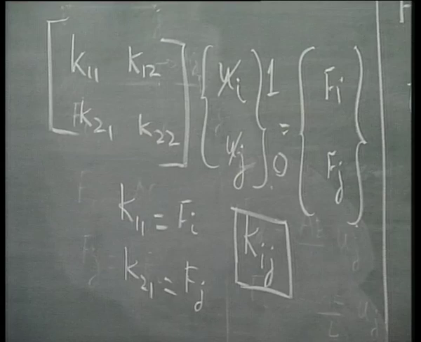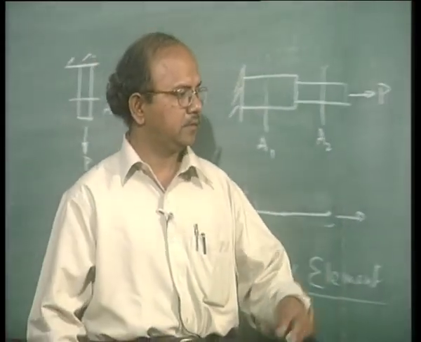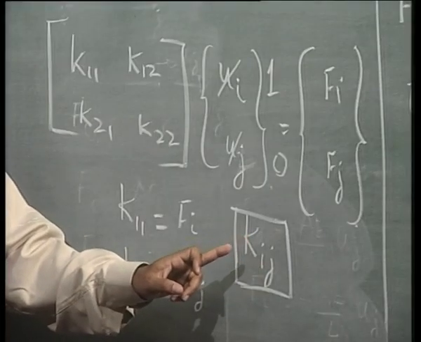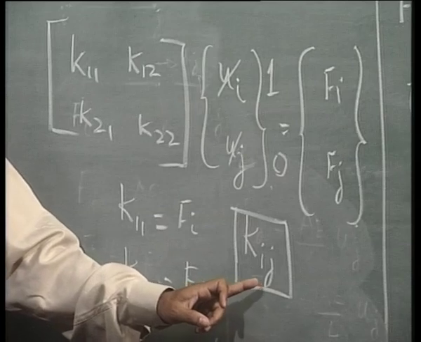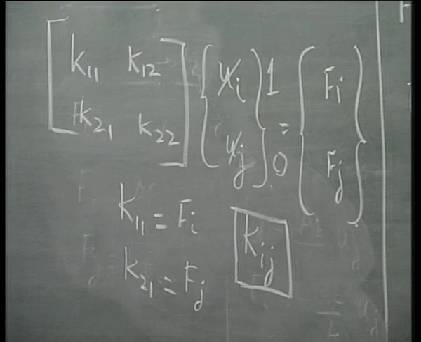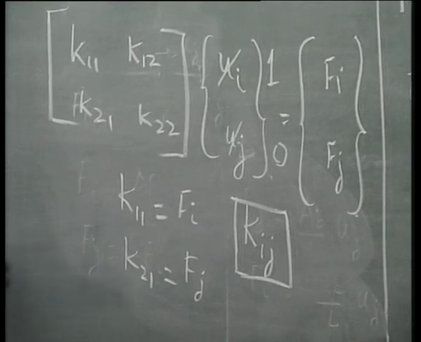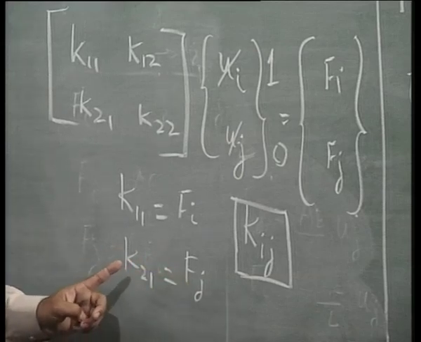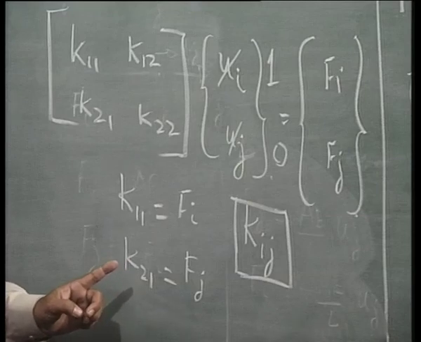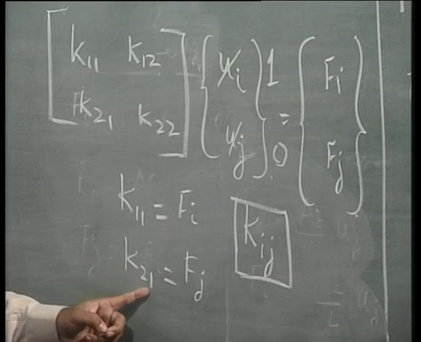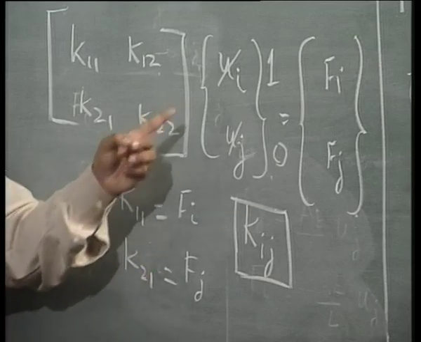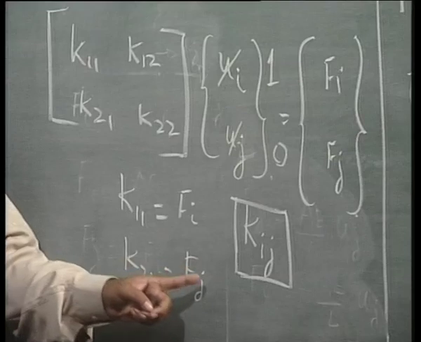What is the physical interpretation? What does Kij indicate? Look at this and tell me. See, K21 means, what is the displacement I have applied for i? It is unit displacement. So if I apply a unit displacement at i and a 0 displacement at j, then K21 is obtained from Fj.